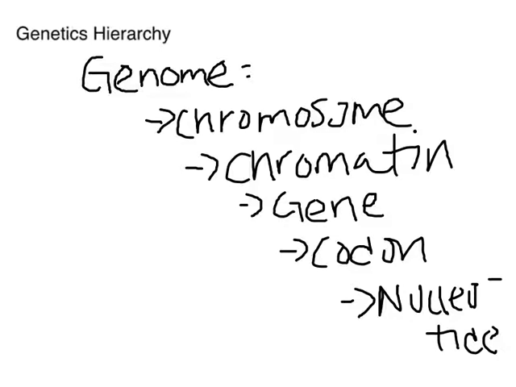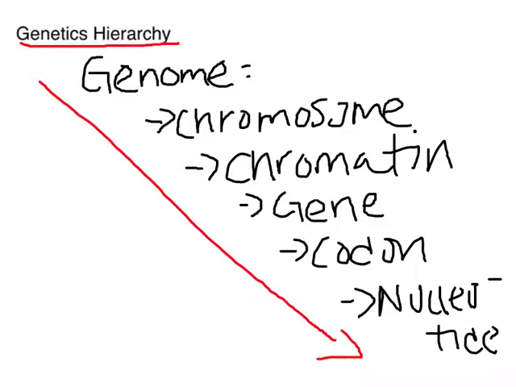Now what I'd like to do is put this DNA stuff into a little bit of perspective for you, and I want to do that with the genetics hierarchy that you see here. And this is also in your notes. So we are looking at the hierarchy of genetics. Remember, hierarchies mean as you move down the list, something is going to change, and in this case, this is going to get smaller as we move down our list.